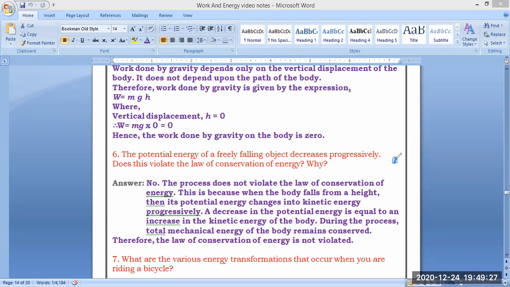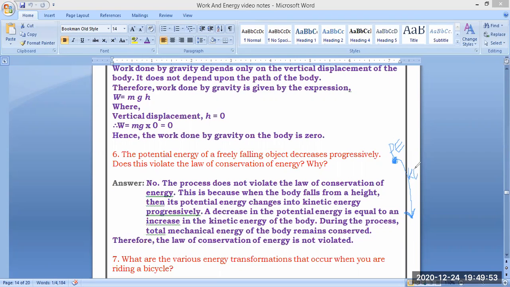When the object starts falling towards the ground, as we discussed in our discussion part, the object at a certain height has some potential energy. When it starts moving towards the ground, it gains kinetic energy.